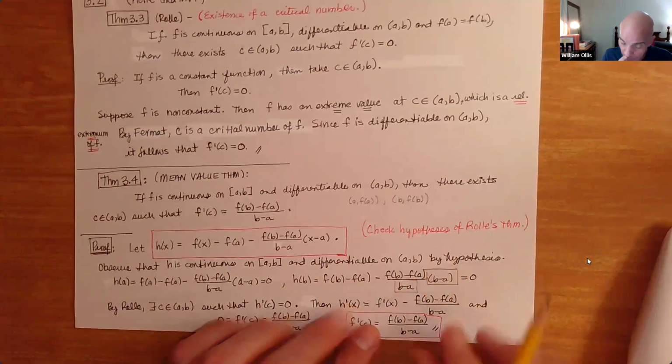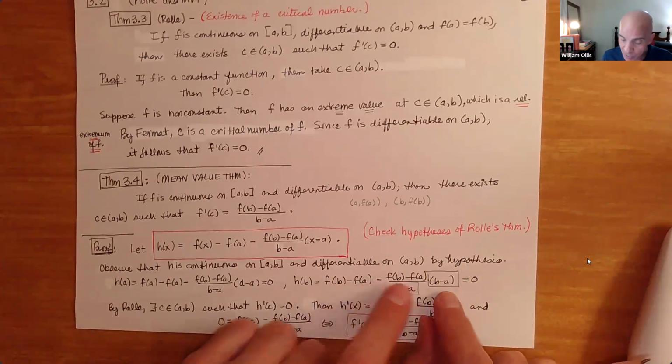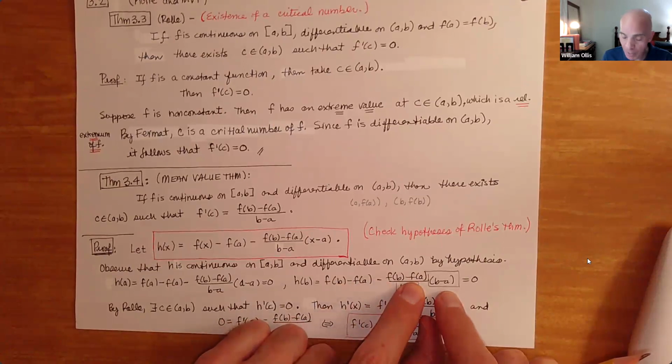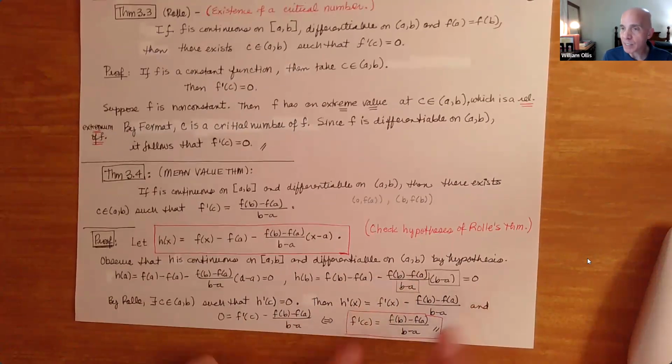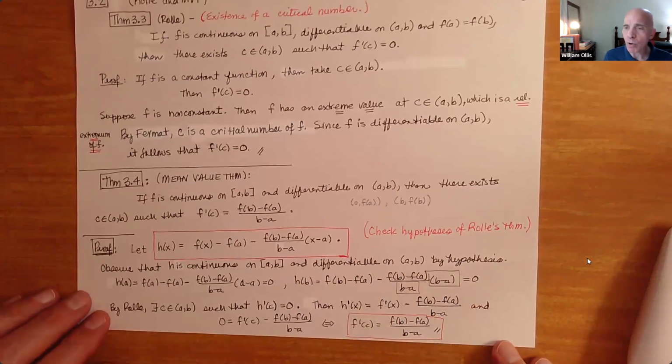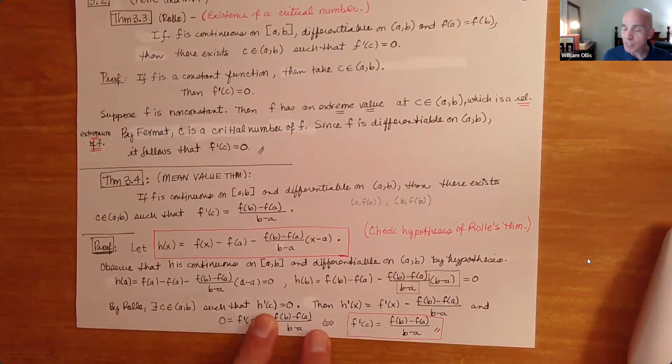But now when we distribute the negative, we see that the f of b's absorb, and then the minus minus gives us a positive f of a, which absorbs the additive inverse of f of a. So again, we get a 0. So now what we see is all of the hypotheses of Rolle's theorem are satisfied, so we get the conclusion. So by Rolle, there is a c between a and b such that h prime of c is 0.